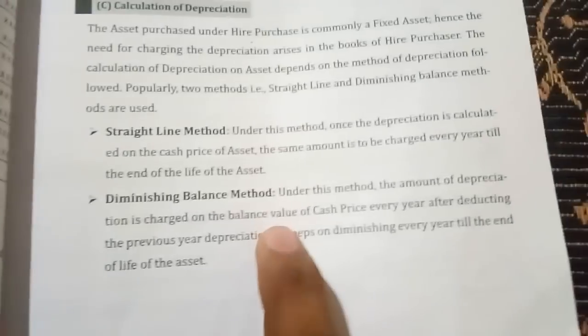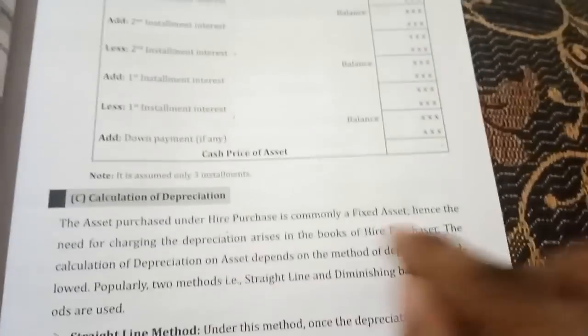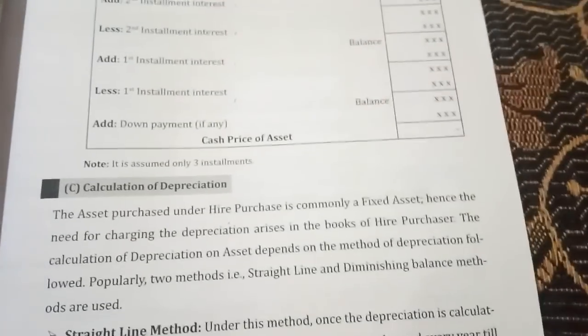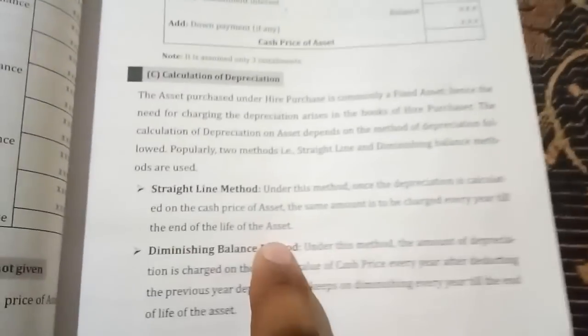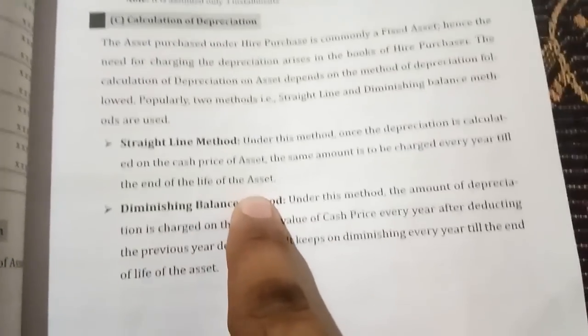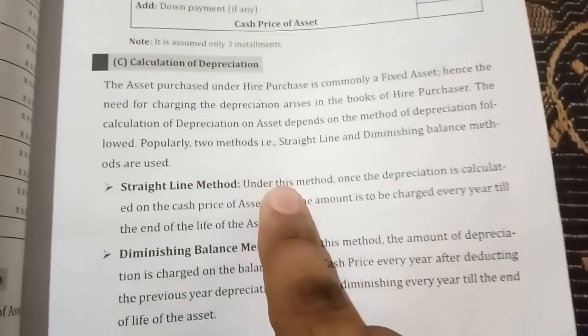Here, diminishing balance method: 1000 into 10% is 100. Okay, minus, 900. Then on 900 we take 10%, 90, minus, we will get 810. So on that balance we will take depreciation. So it is the diminishing balance method. Here different depreciation amounts will be seen. Here the same amount of depreciation is seen.